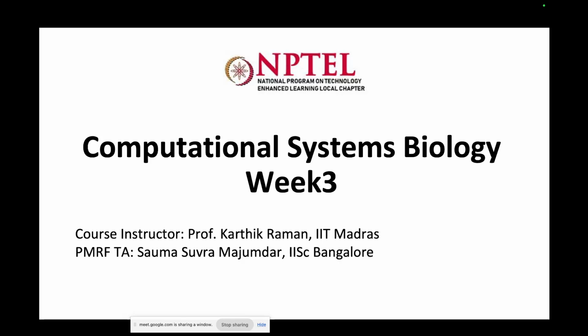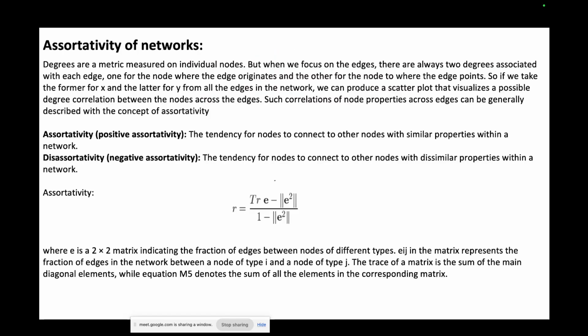We'll learn about certain graph algorithms, specifically how we can do partitioning of graphs using different algorithms. And other than that, we'll give a few examples about how this concept of networks and different parameters of networks can be used to study network biology as well. So let's get started.